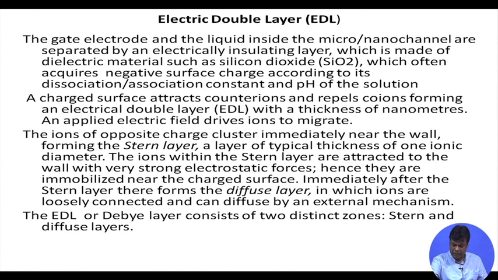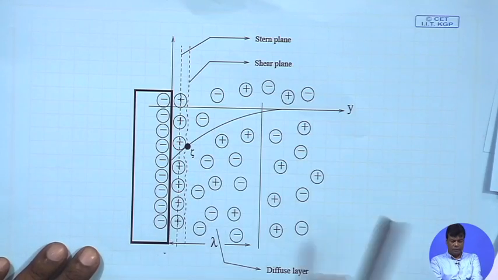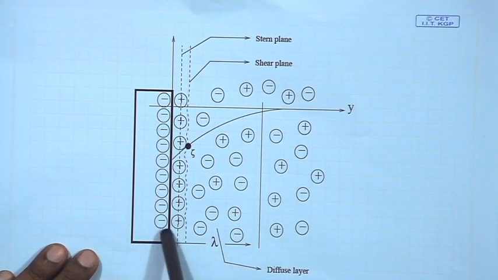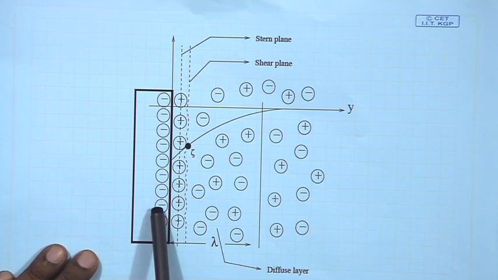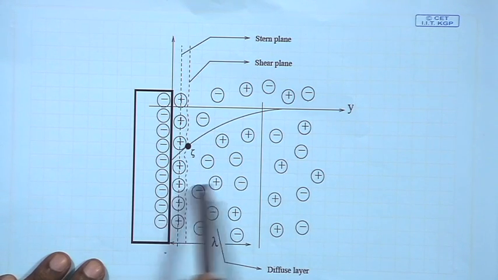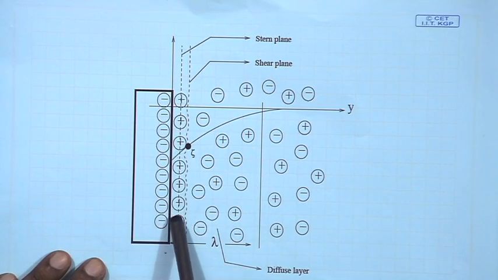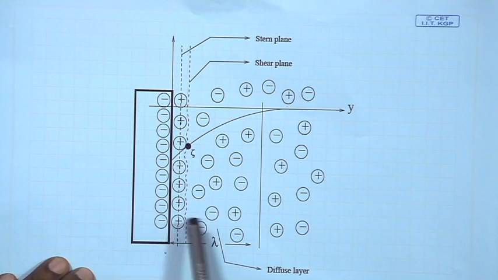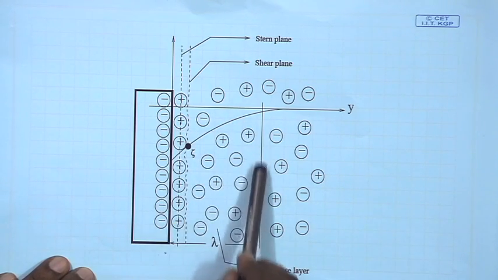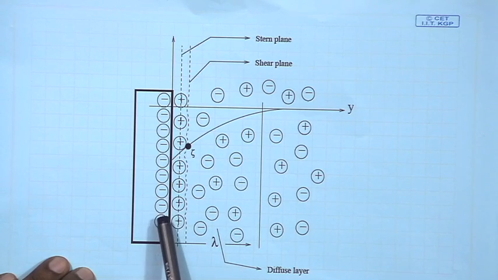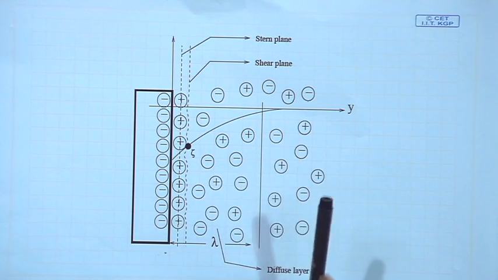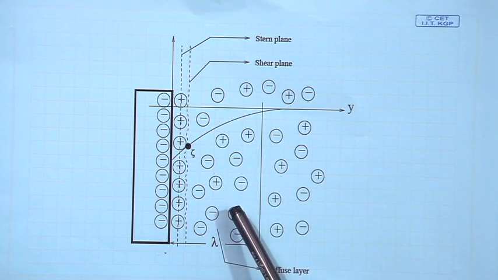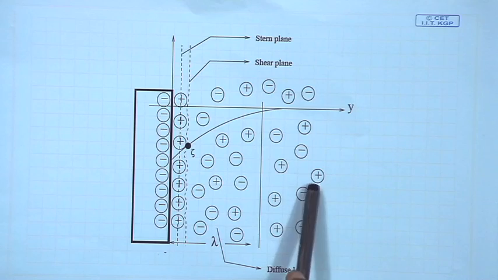This negative surface charge will attract positive ions from the aqueous media, as shown in this figure. Then these positive ions will attract negative ions, and in that process there will be a layer near the surface where there will be more unbalanced charge ions compared to the bulk or core region.